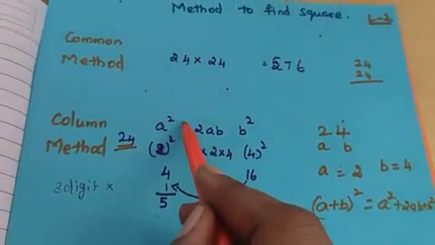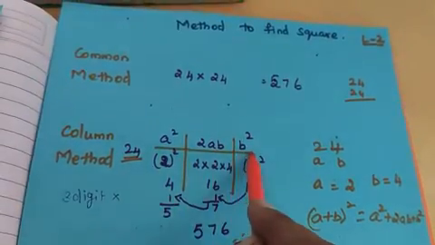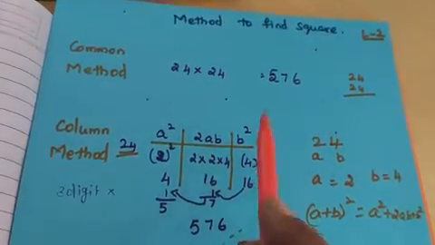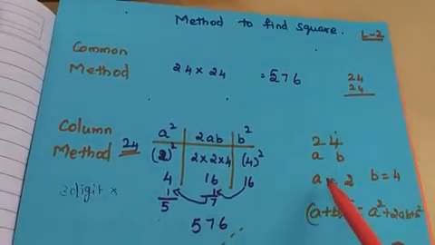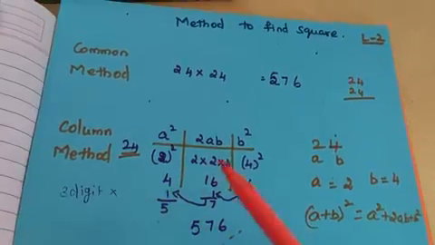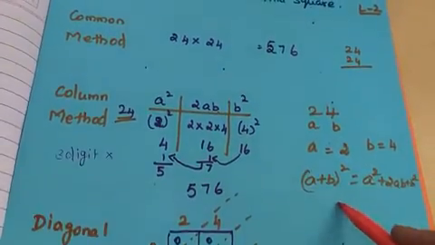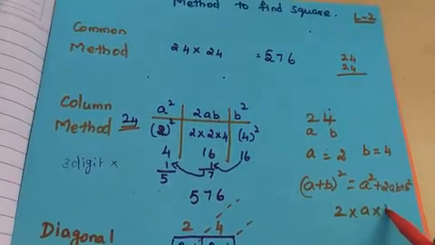Now I divided it into columns here. So a squared, 2ab and b squared I wrote. A squared means a value is 2, 2 squared is 4. Then 2ab means 2 multiplied by a multiplied by b.